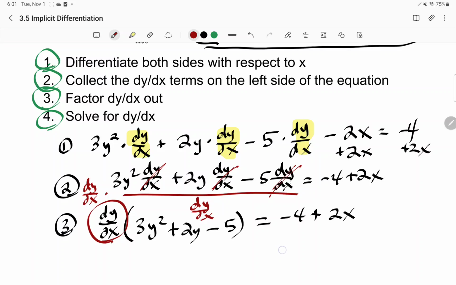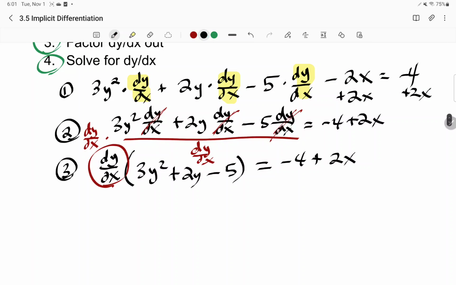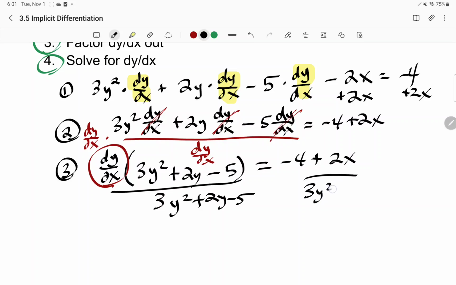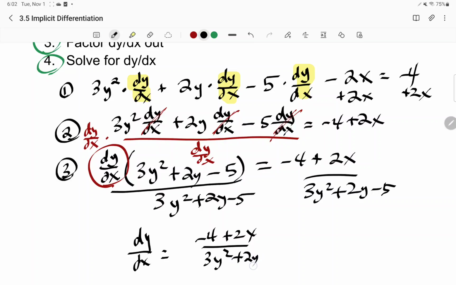Okay, so now we factored it out. Last thing is to solve. So the last step is to divide out the 3y squared plus 2y minus 5. And you are left with negative 4 plus 2x all over 3y squared plus 2y minus 5.